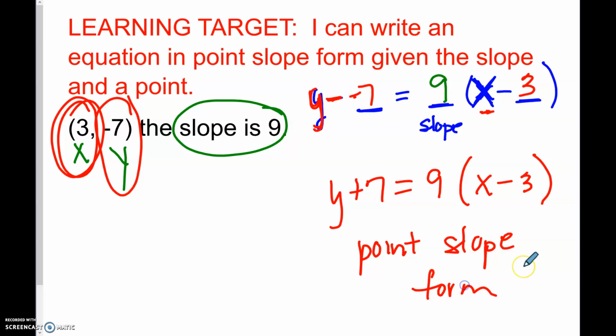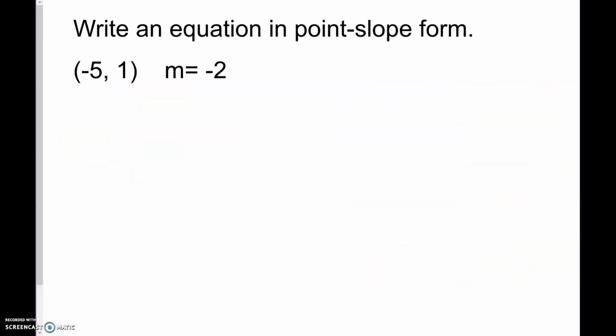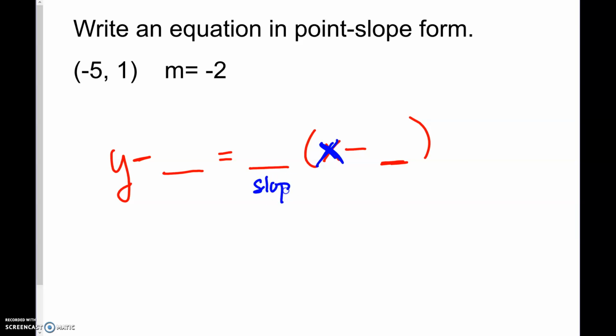Okay, let's try another one. So every time, point slope form is always y minus, and then your blank. Then you have a blank, parentheses, x minus a blank, and the number. Okay, so we've done slope intercept. We just talked about standard form, and now this is point slope form. So remember, in front of x, we always put our slope. So the number here that they tell us is a -2.